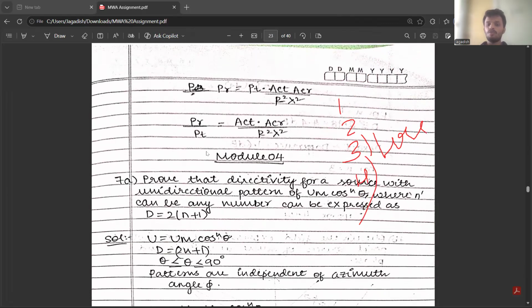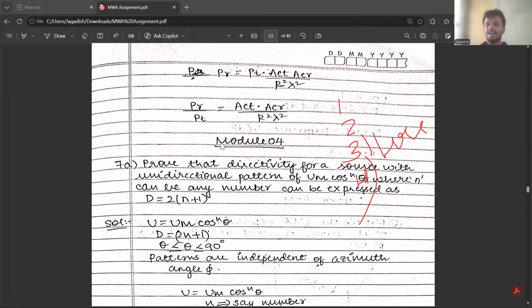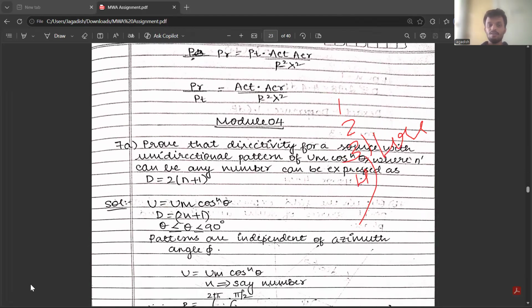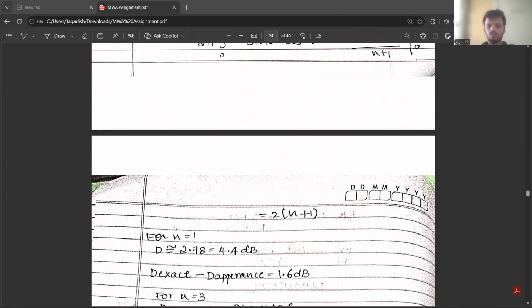Module 4 is very easy, students. You need to learn the directivity. Prove that the directivity of a source can be expressed as D is equal to 2n. You need to calculate the directivity and the power.